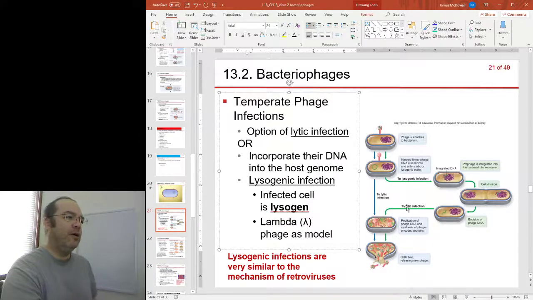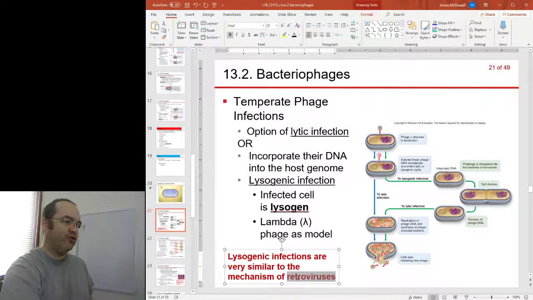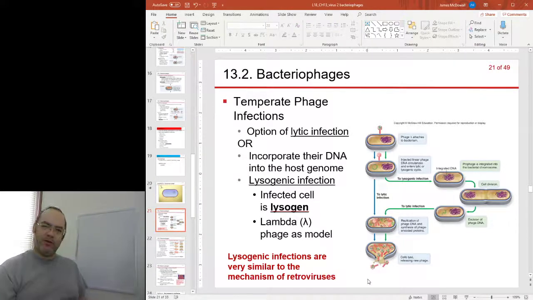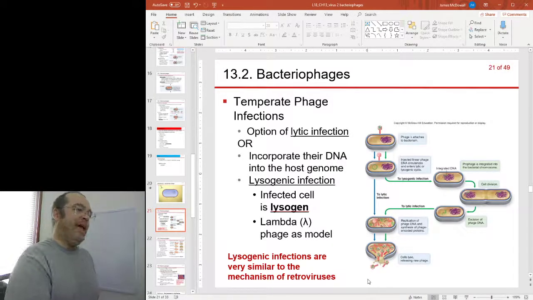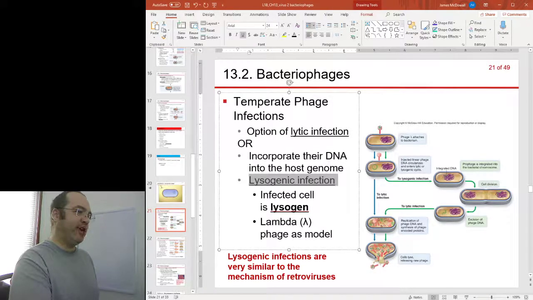But what they can do alternatively is integrate their DNA. In this way, they are quite similar to those retroviruses we looked at in animals that can integrate their DNA into our DNA. If the virus chooses this route and integrates its DNA, then we call it a lysogenic infection.